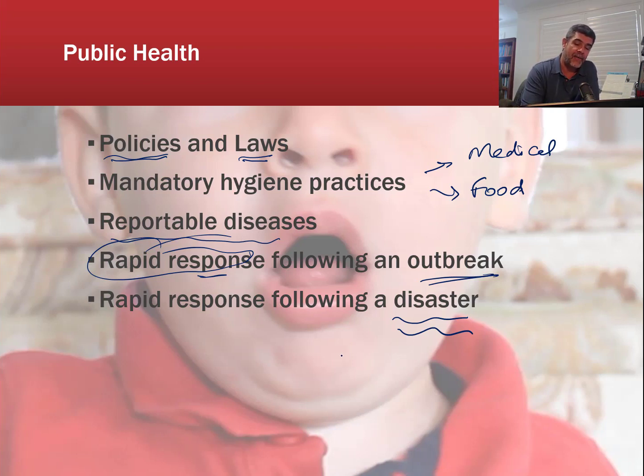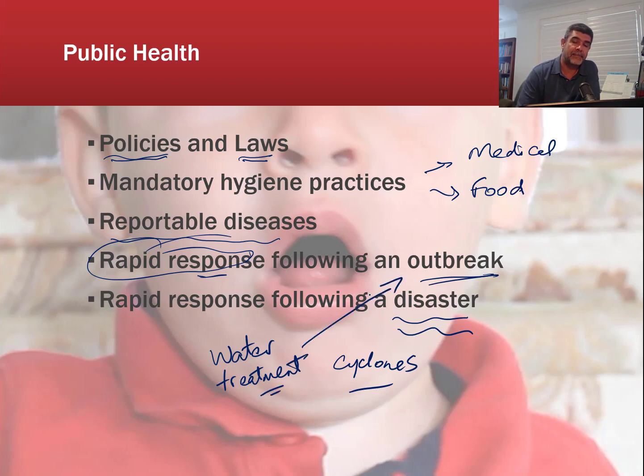What we also have are cyclones, and cyclones, twisters and hurricanes also occur in other areas around the world. Sometimes when these hit, they cause major damage, not just to properties and potential loss of life, but they can also damage things like water treatment systems, and that can stimulate an outbreak.